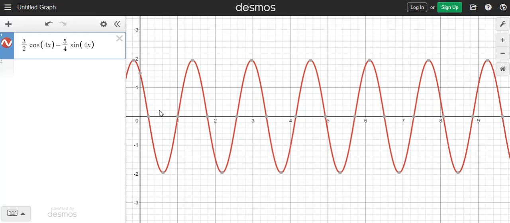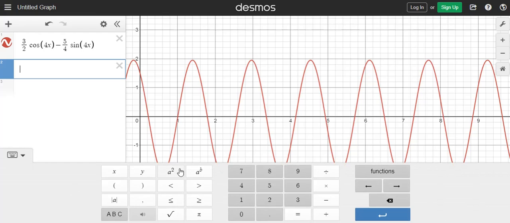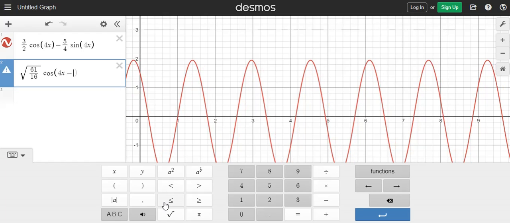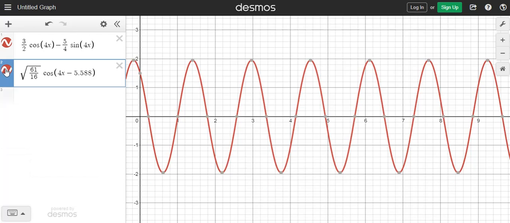This is easy to see on a graphing calculator, but the benefit of putting it in the form of just cosine times the amplitude or sine times the amplitude is a lot easier to visualize without actually having to put it in a graphing calculator to see what's going on. So if you put in the equation you have, including delta for that shift there, it should perfectly overlap at all the different points.